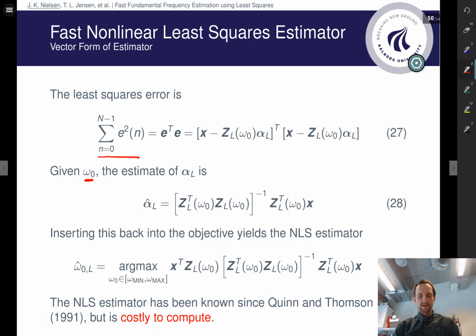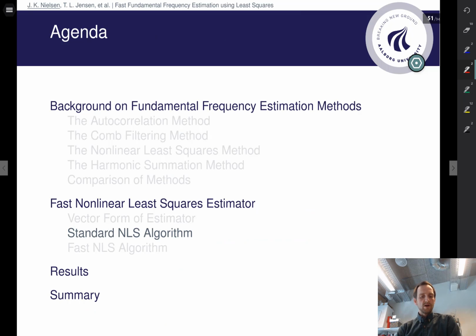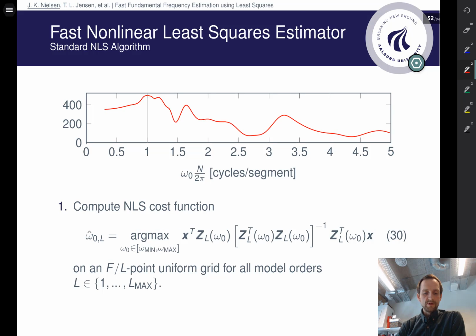Let me go on and describe how you would normally implement this NLS algorithm and why it is very costly. The way you would compute the nonlinear least squares fundamental frequency estimate is the following. First, you would evaluate this cost function.